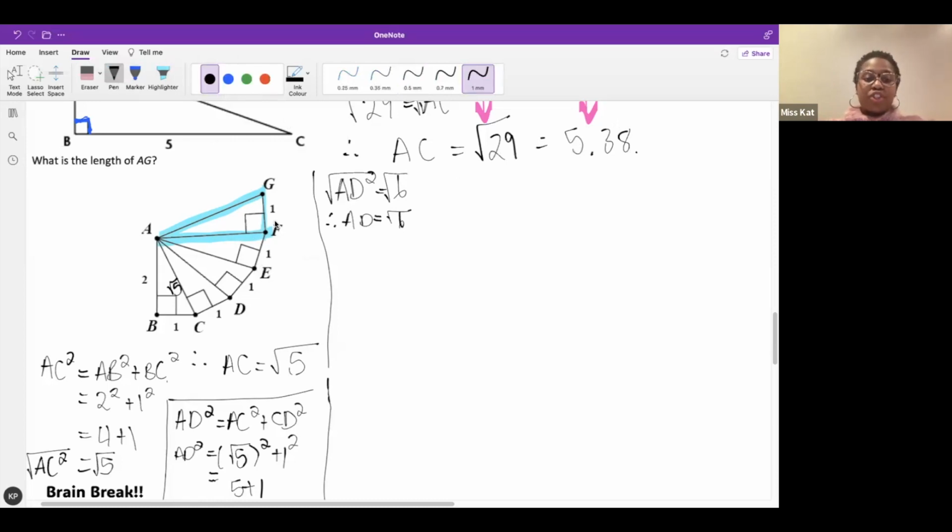Okay, if FG is 1, we know it's 1 unit. Do we have any other dimension in this triangle? No. So we can't do Pythagoras. Okay. So, ma'am, you chose the triangle that has a dimension. Yes, I chose a triangle that has 2 dimensions.